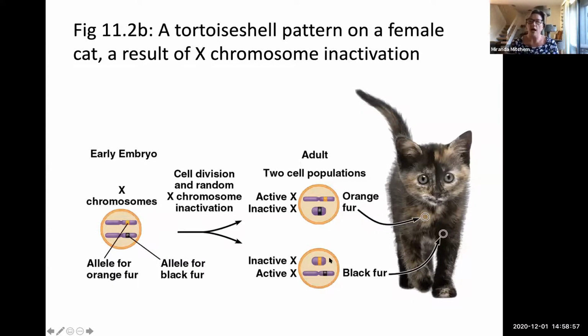So this is why the tortoiseshell cat characteristically has spots of black and orange fur on her. She's usually a she, and it's tied directly to the X chromosome inactivation process. It hasn't completed itself. It's still, right, we're still having expression from both X chromosomes in different regions of this animal.